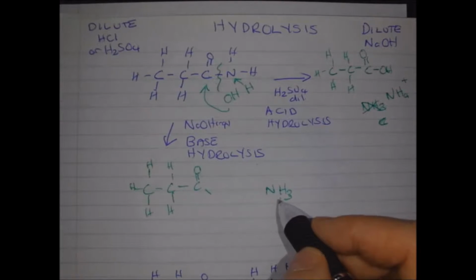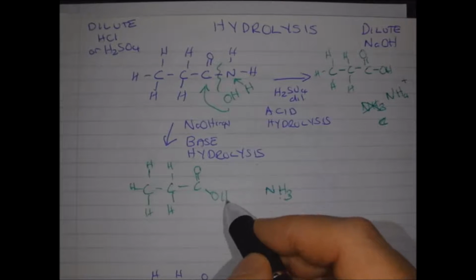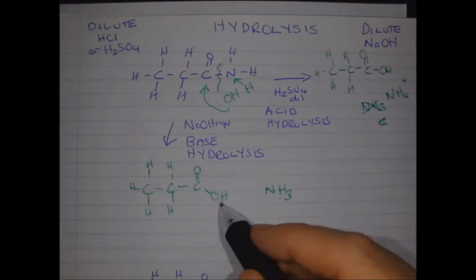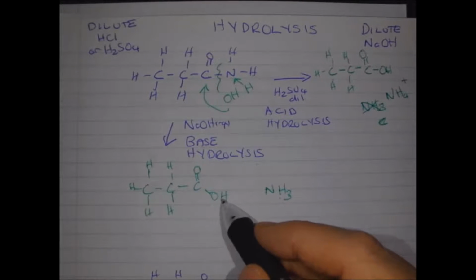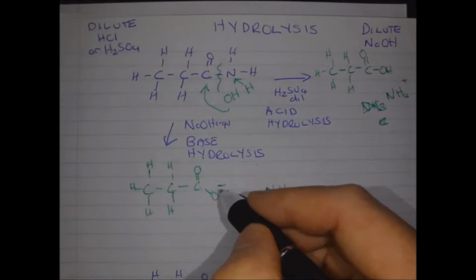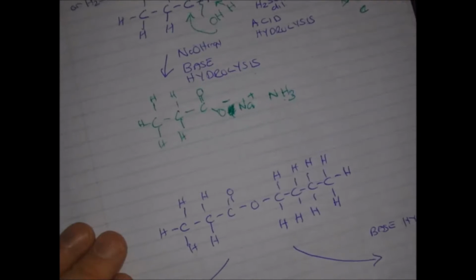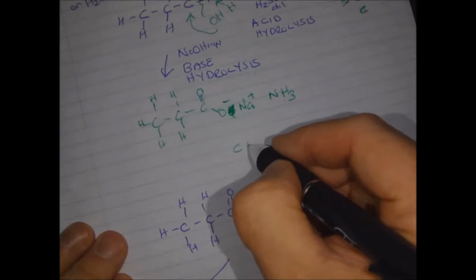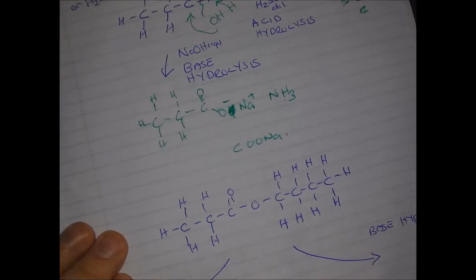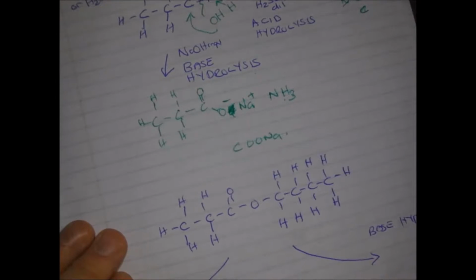This is a basic chemical, ammonia, so it'll stay a base. Now if I was to write OH, that's an acid, and under base conditions the acid will react with a base. So instead of being OH, it's going to be O-, and it's going to be Na+. Okay? You can just write that as the sodium salt, I guess, but at the moment I tend to do it with a minus and with the plus sign next to it.